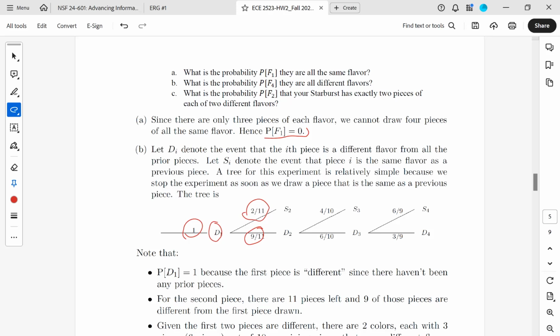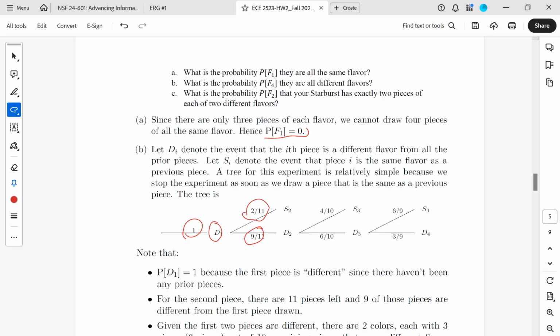The same process goes for the third draw. In the third draw, now we have 10 candy because we picked 2 of them already. We have 10 candy in our basket. 2 of the flavors are already picked. We want to have the third flavor. Now in our 10 candy, we have 2 flavors that we didn't pick yet, and each of them has 3 elements in their category.